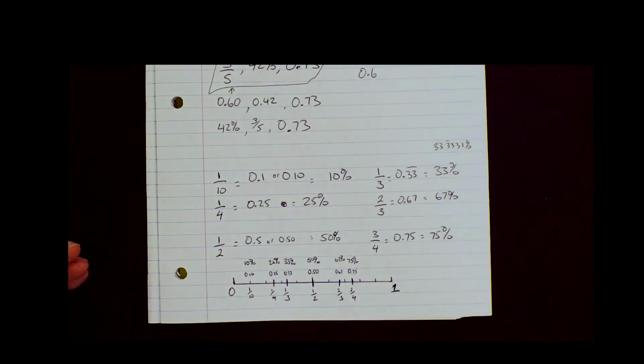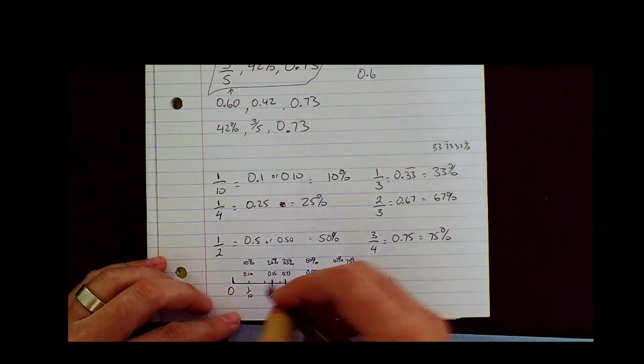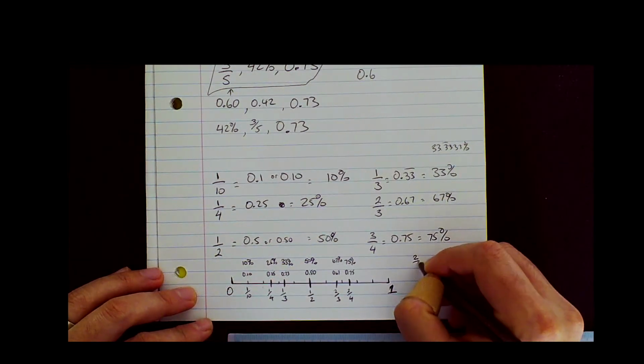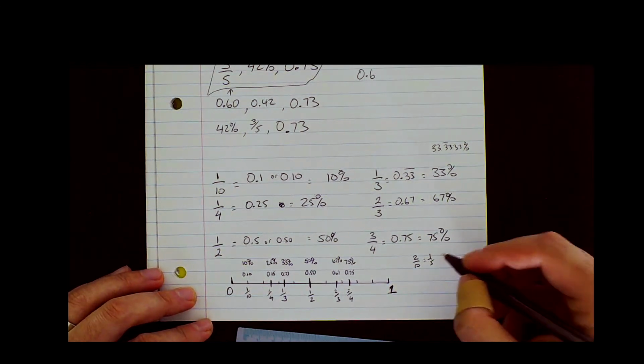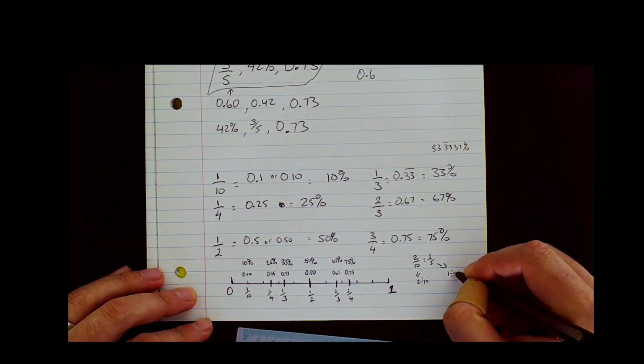Okay, you can even do fifths on this chart too. A fifth would be 2/10. 2/10 is equal to 1/5. And you can do that by just checking on your calculator. Just do 2 divided by 10, do 1 divided by 5.